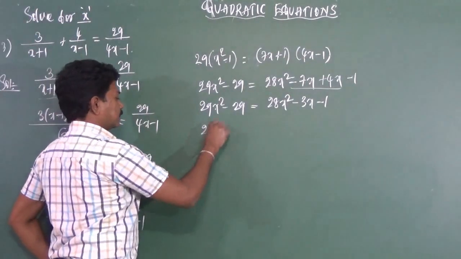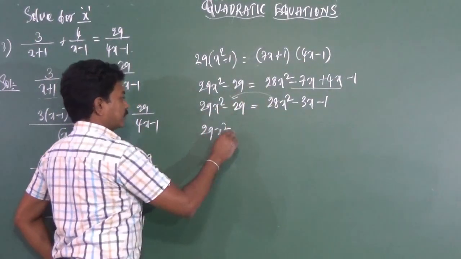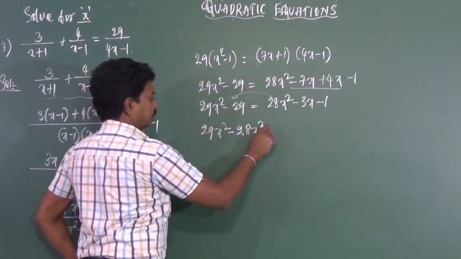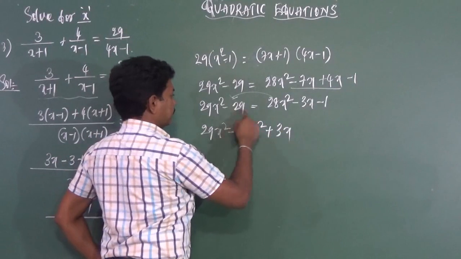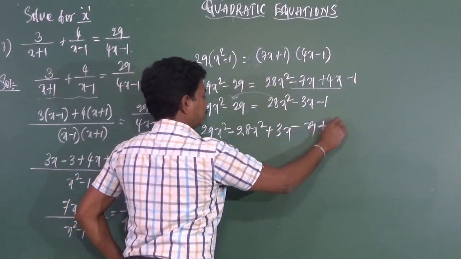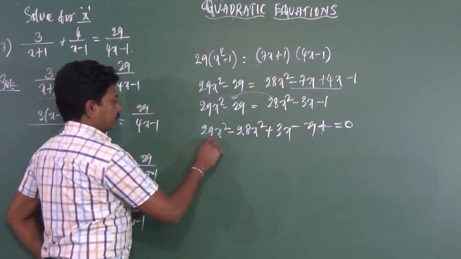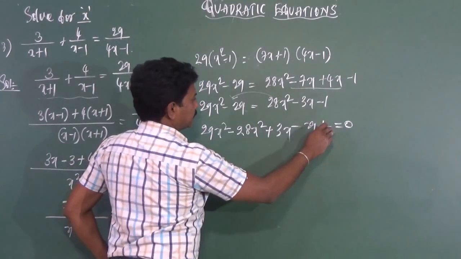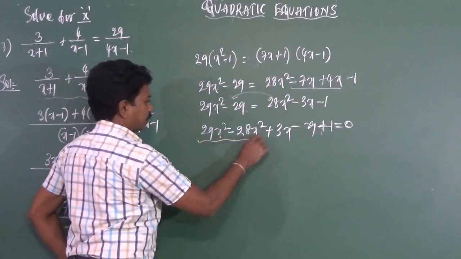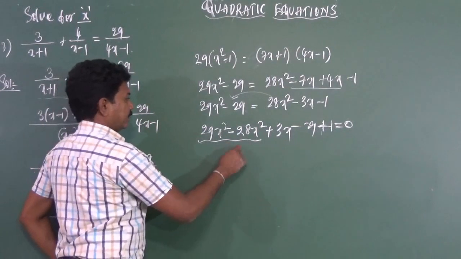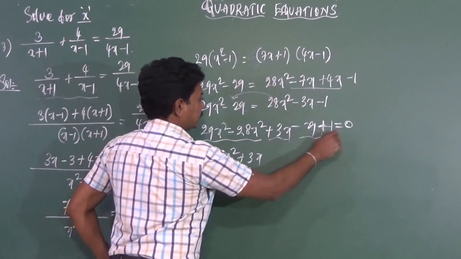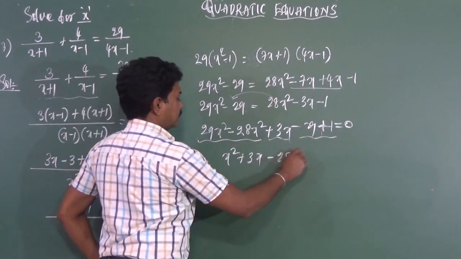So 29x square minus 28x square after transposing, minus 3x after transposing becomes plus 3x, minus 29, minus 1 after transposing is plus 1, which is equal to 0. So 29x square minus 28x square is x square, plus 3x, that's a single term, minus 29 plus 1 is minus 28, is equal to 0.